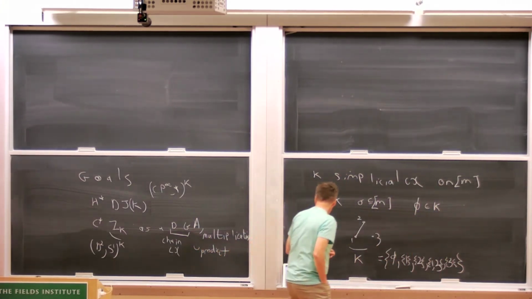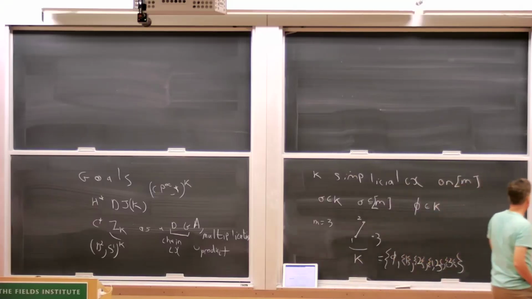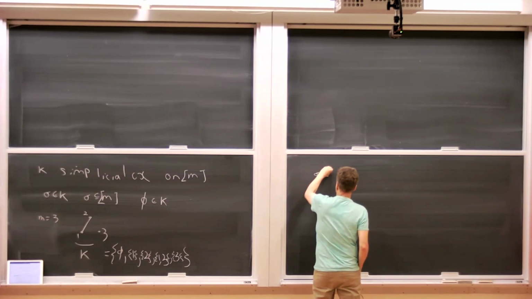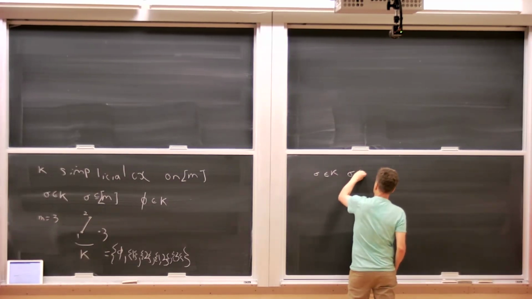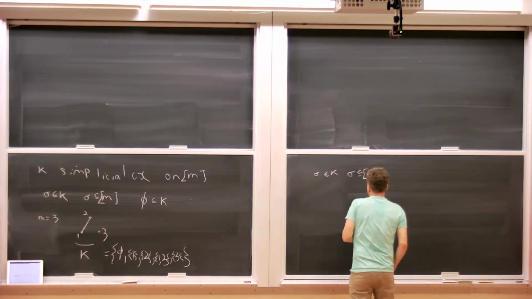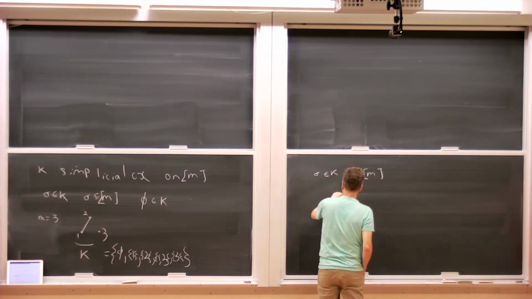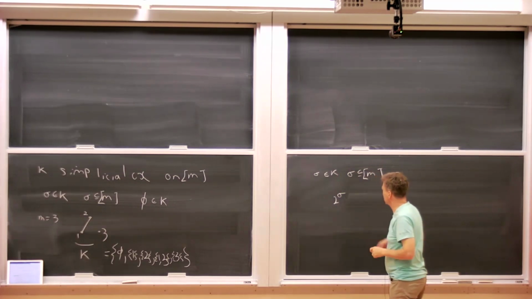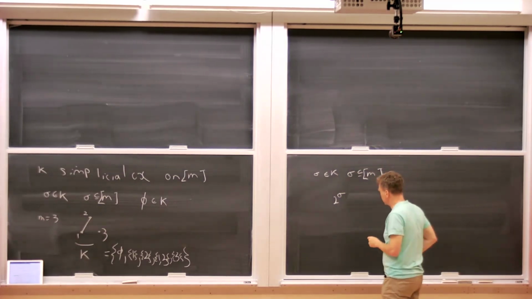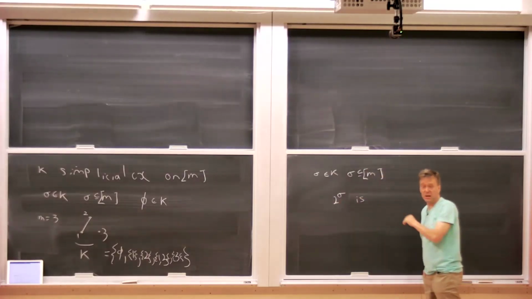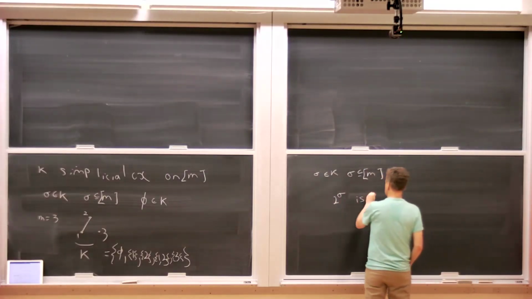The other one that we're interested in is, if sigma is an element of K, that means that sigma is a subset of M. And then you can consider 2 to the sigma, and you want to consider this as a simplicial complex in itself. It's all the subsets of sigma as a simplicial complex.